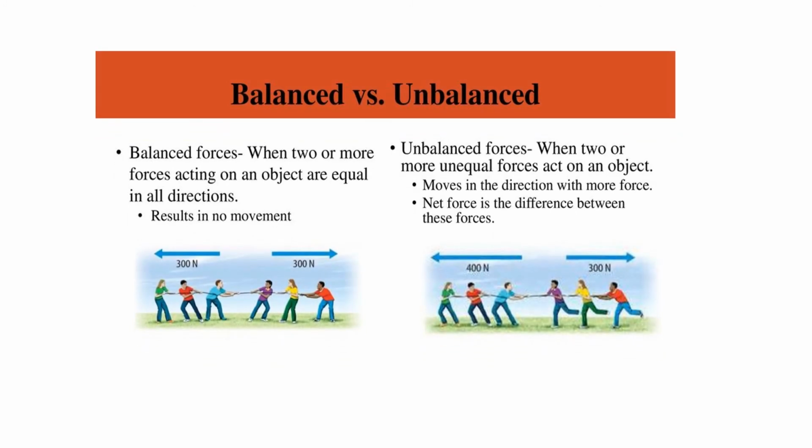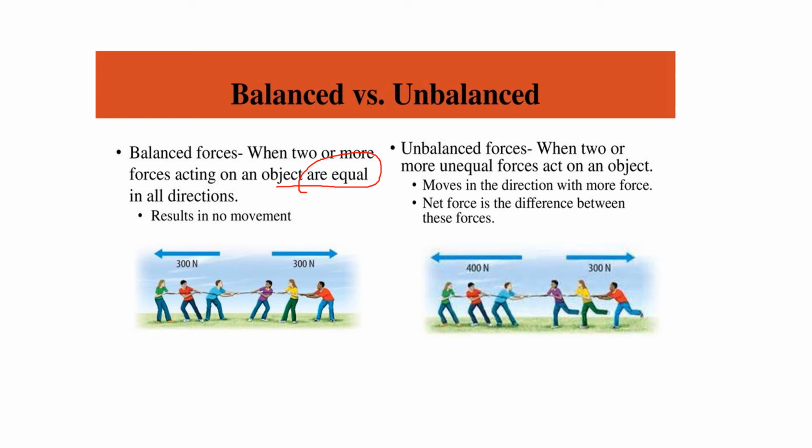Okay. So first, what's the difference between balanced and unbalanced force? A very simple thing. In balanced forces, you will have two or more forces acting on an object, but they are equal in all the directions.